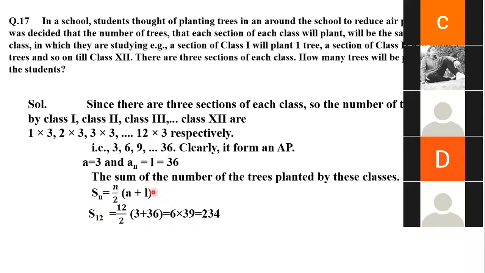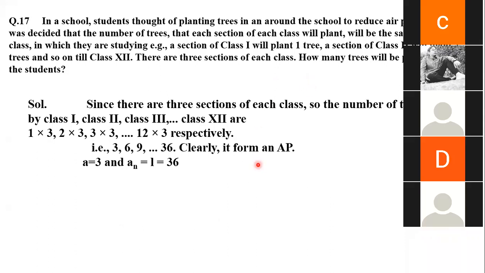Directly we can apply, whenever they give first and last term and N value: Sn is equal to N by 2 into A plus L. Even if you apply Sn is equal to N by 2 into 2A plus N minus 1 into D, you'll get the same answer.